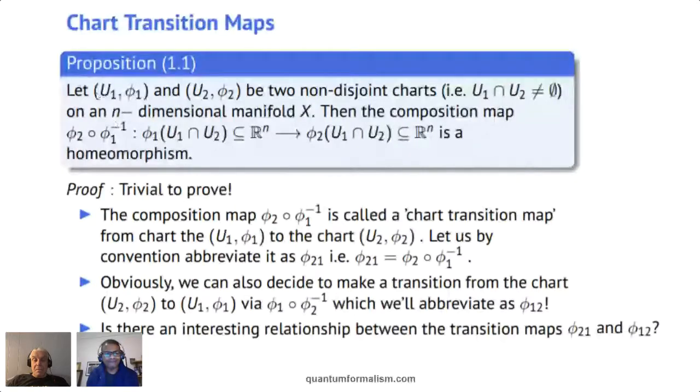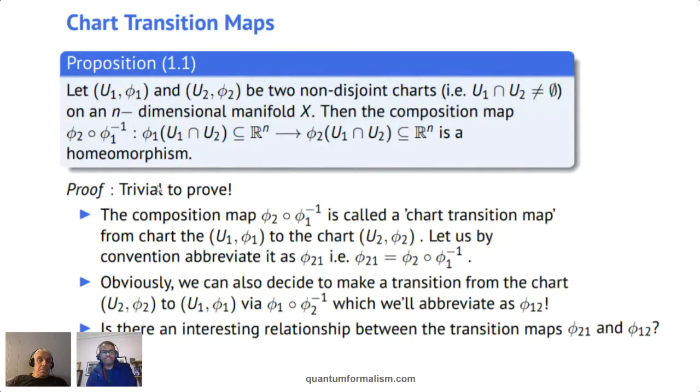So the claim is that given two charts, U1 phi 1 and U2 phi 2, non-disjoint, sorry, non-disjoint charts, meaning that their intersection is non-empty on a manifold, the composition phi 2 after phi 1 inverse, which obviously goes from the image of phi 1 to the image of phi 2, is a homeomorphism.